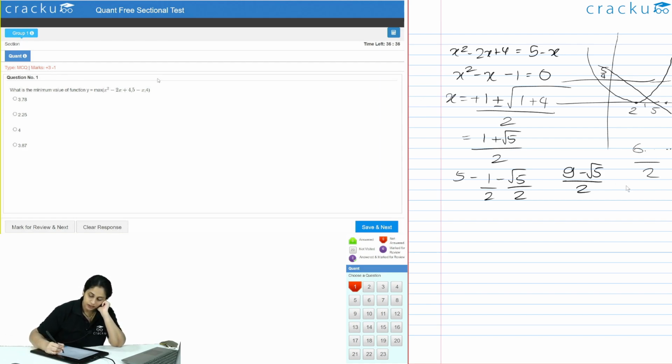Root 5 would be how much? I'm spending way too much time on this. Root 5 would be 2.1, the whole square would be 4.41. 2.2, this whole square would be 4.84. 2.3 would be slightly higher. So this would be 2.2 something.